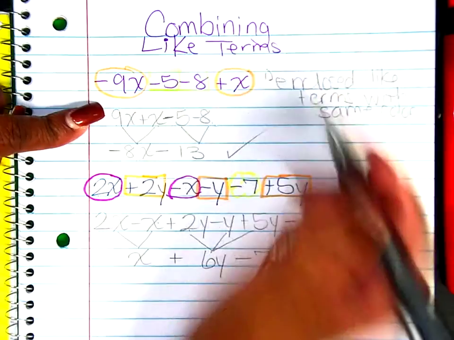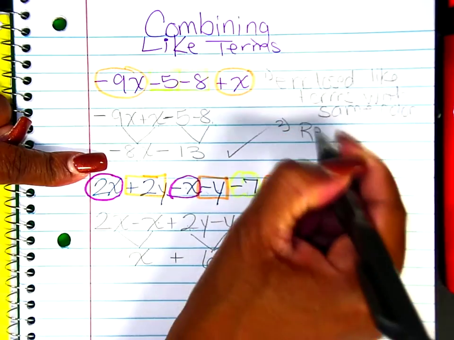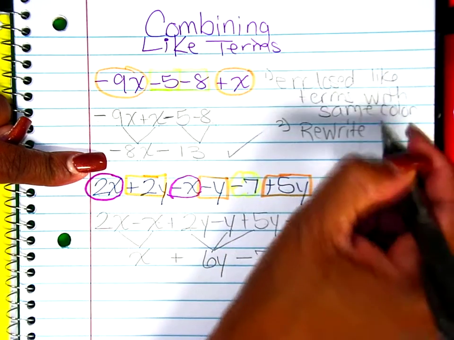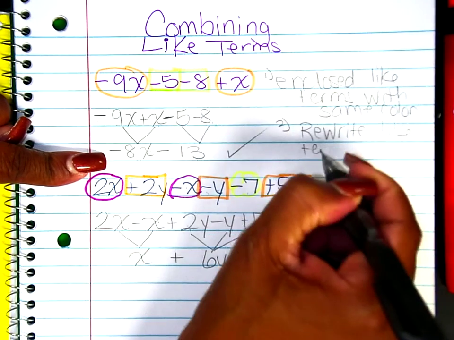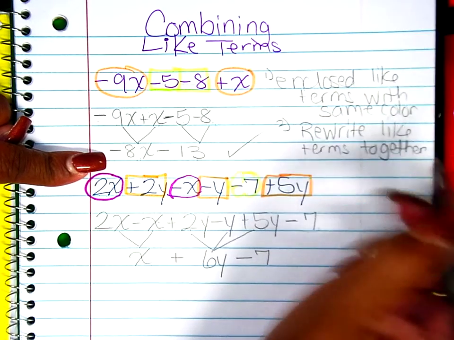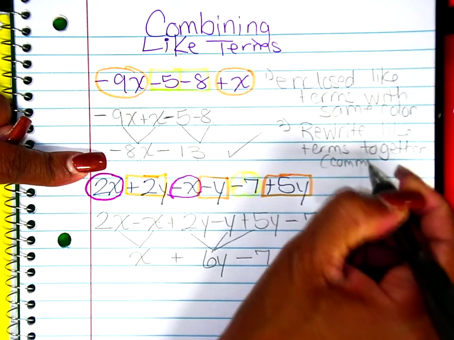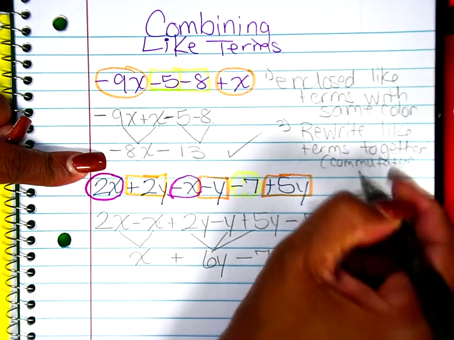That's first. Secondly, the second step I did, rewrite like terms together. Okay, and this is basically using the commutative property. Let me put this in parentheses. Commutative property over addition.